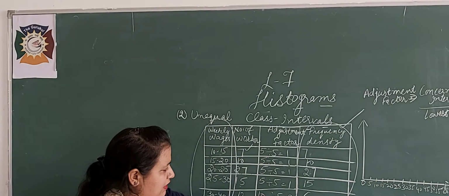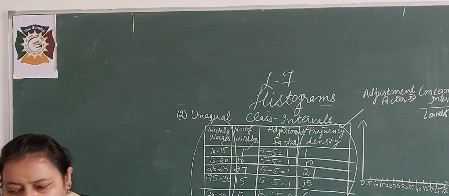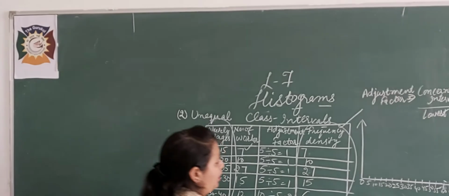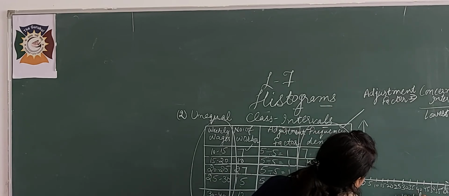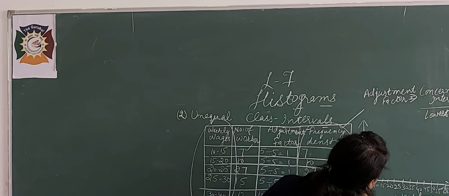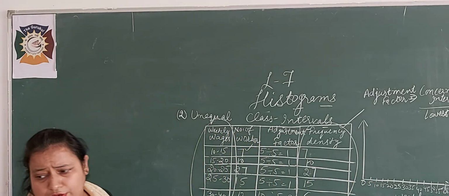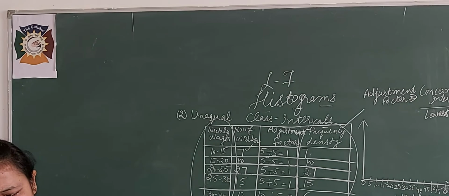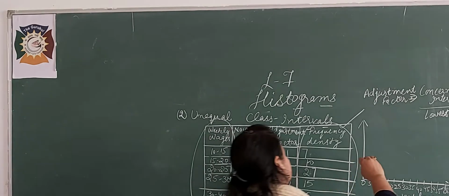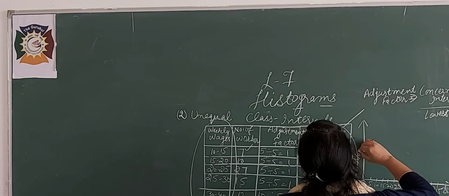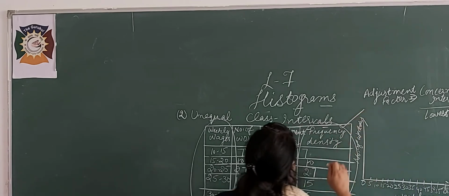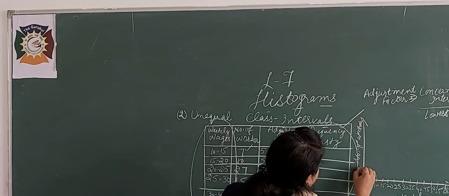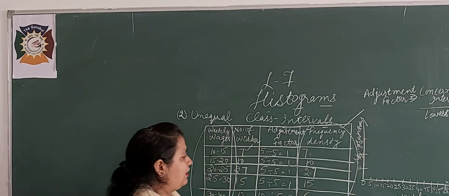Now I will take frequency density, maximum 27 I have. So I will show weekly wages on one axis and frequency density on the other axis. Frequency density means the number of workers, maximum 27. I am taking 10, 20 and 30. So let us start.